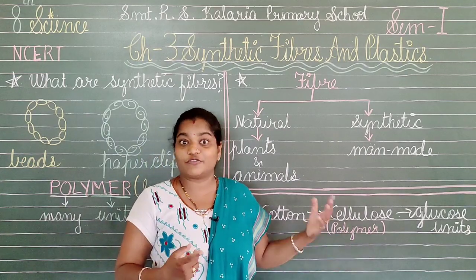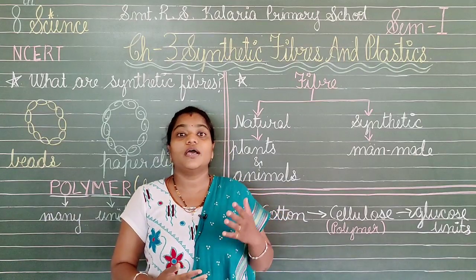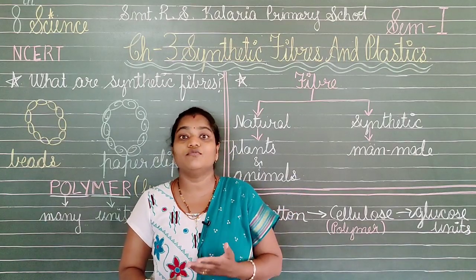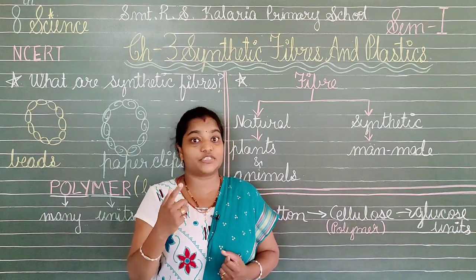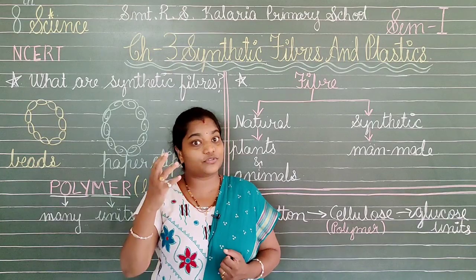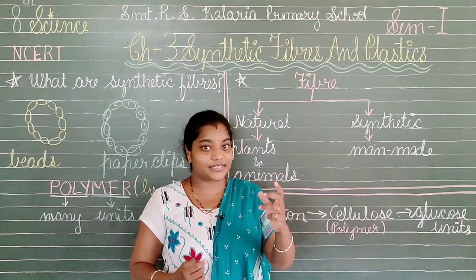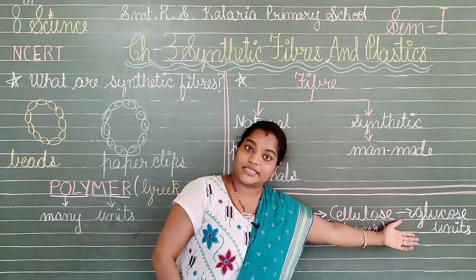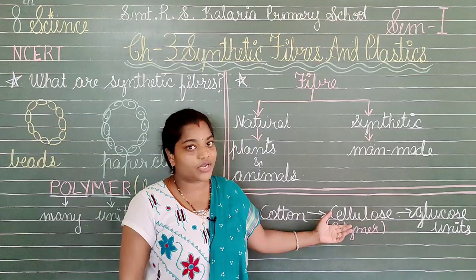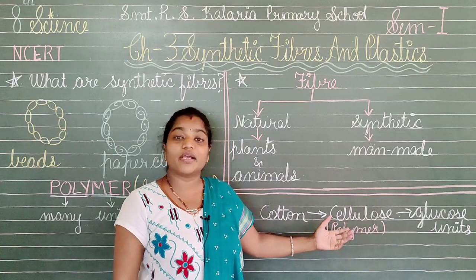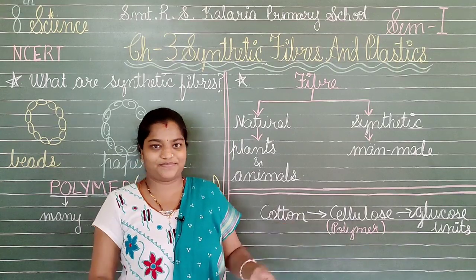As we know very well, plants produce food with the help of carbon dioxide, sunlight and water in the process of photosynthesis, and they produce glucose as their output, isn't it? So this glucose is the unit of cellulose, and many glucose units combined together form cellulose, the polymer, and these cellulose chains combine together to form cotton, which is the natural fiber.